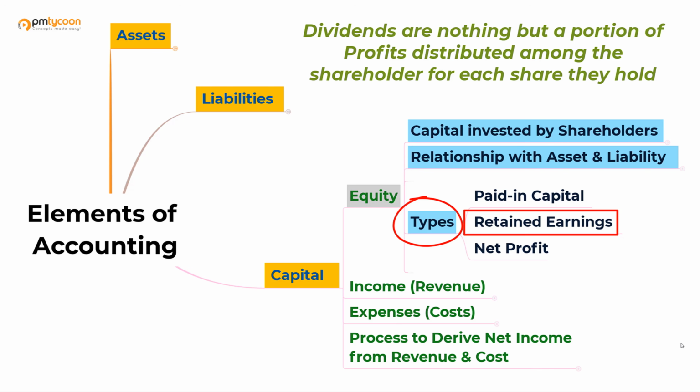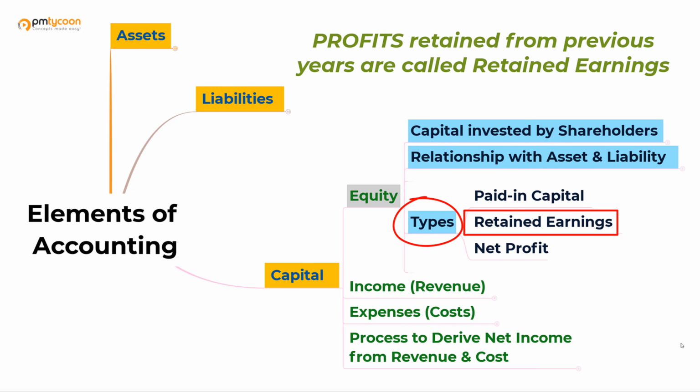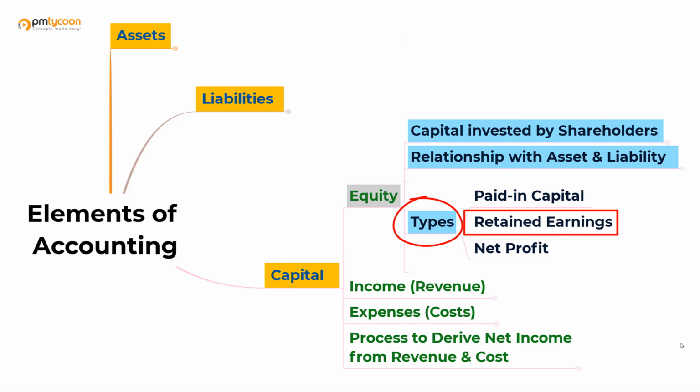Dividends are nothing but a portion of the profit that gets distributed among the shareholders. Now, if the company hasn't distributed any profits in the previous years to the shareholders, then that money is considered as retained earnings. You may think, why did the company not pay it to its shareholders?